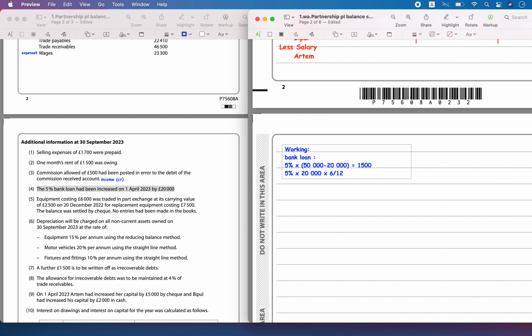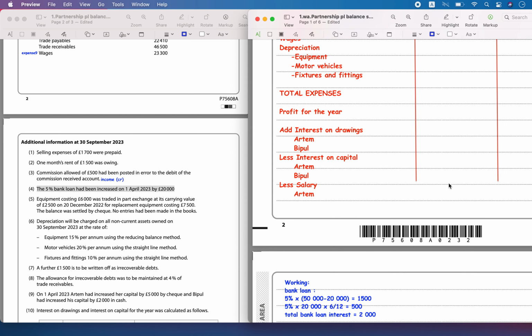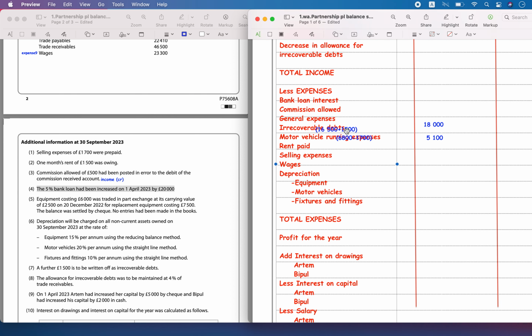For that period the interest is going to be equal to 500. So the total bank loan interest is going to be equal to 2,000. That's the bank loan interest. So now let's adjust and write these values.